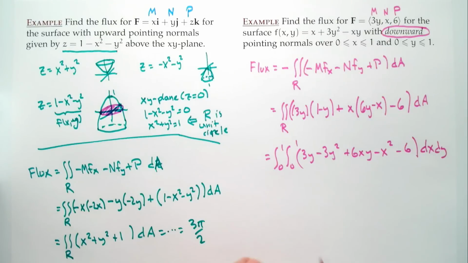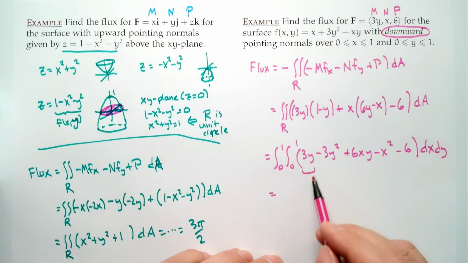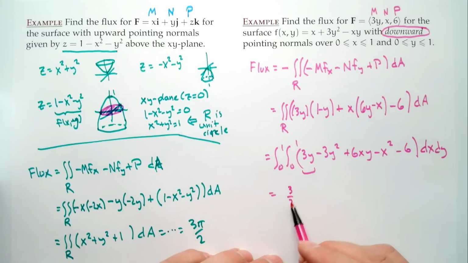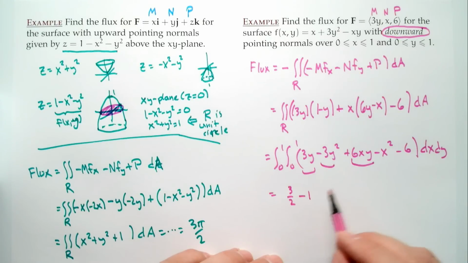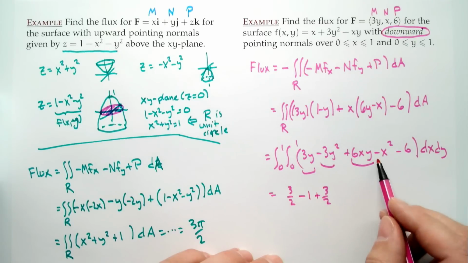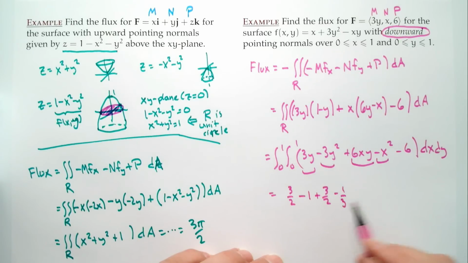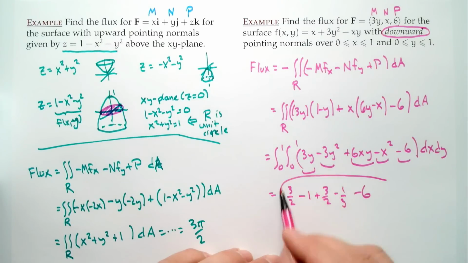And it is. If you go through and work it out, the first part will end up giving a contribution of 3/2. The second part will end up being minus 1. Here you'll get 6/4, which is 3/2 again. This will be a minus 1/3, and that'll be a minus 6. And so whatever that turns out to be.